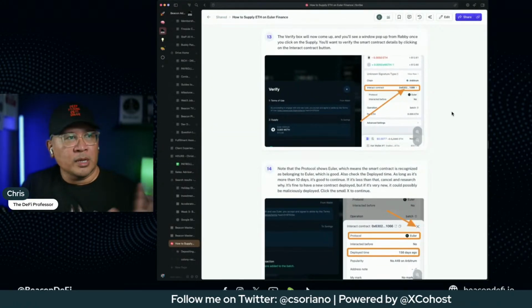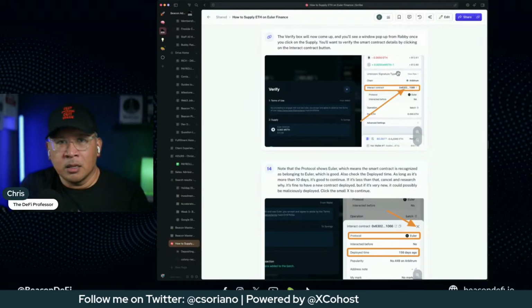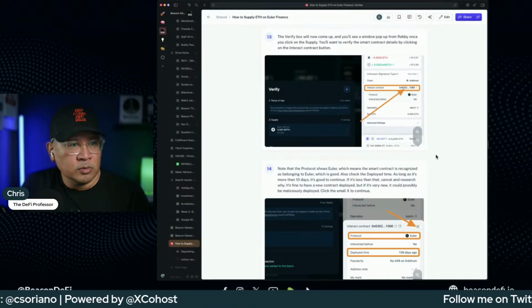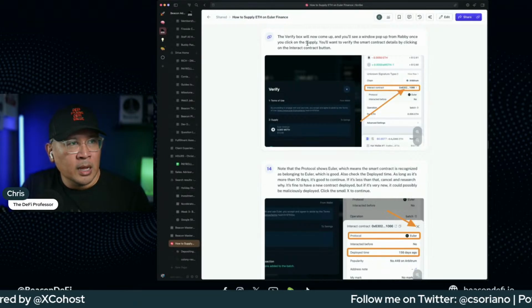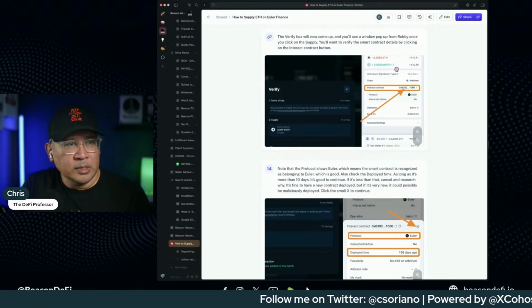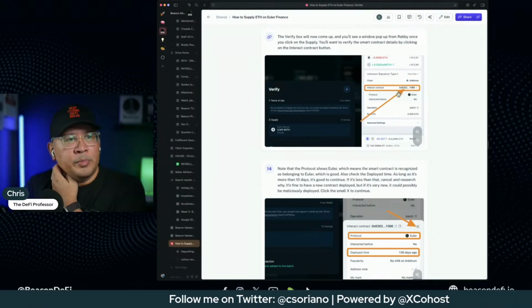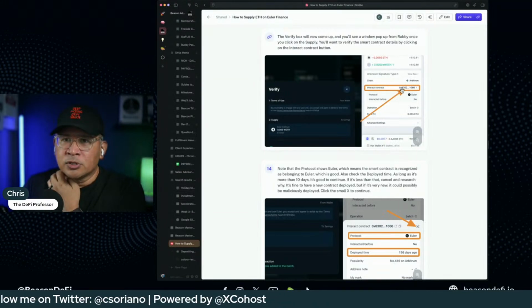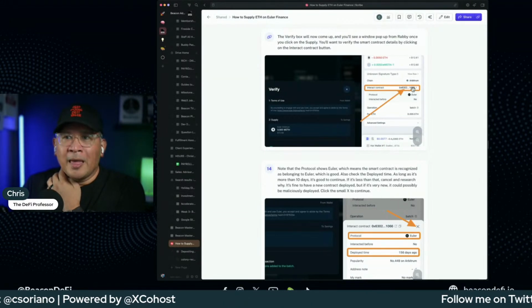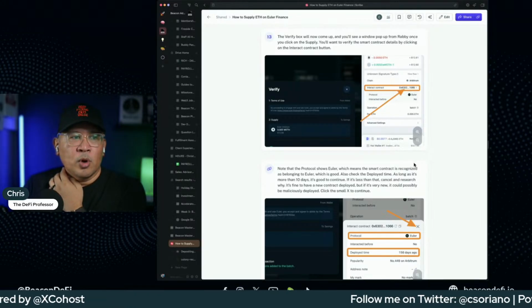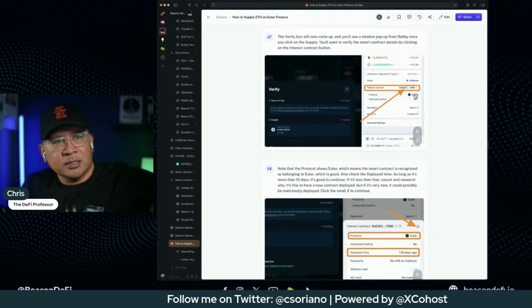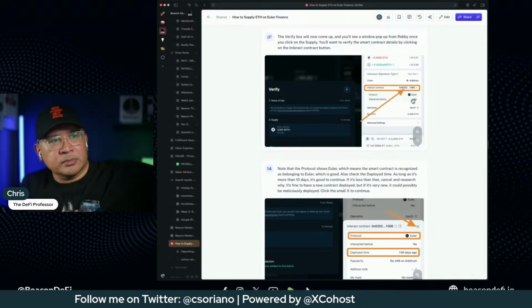So this is for a guide I've made on how to supply ETH on Euler Finance that we give out to our mastermind. But in Rabby, you have the ability here on the transaction simulation to check out the interaction contract. You want to make sure that the address you're going to is correct.